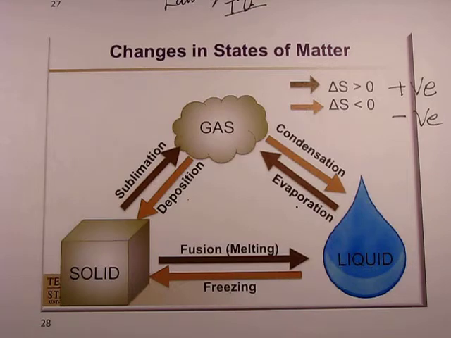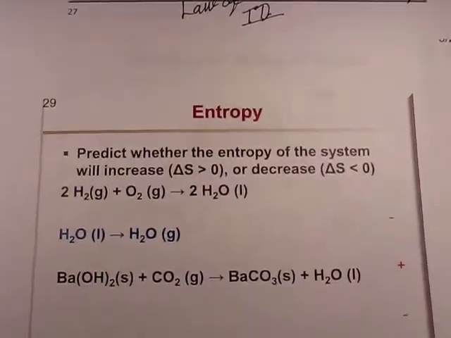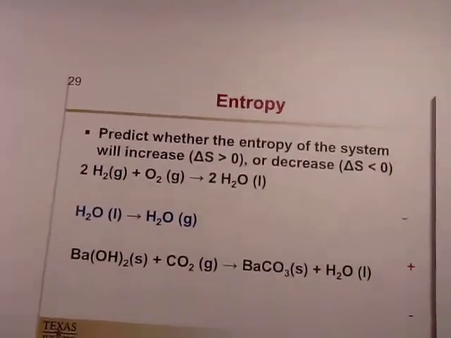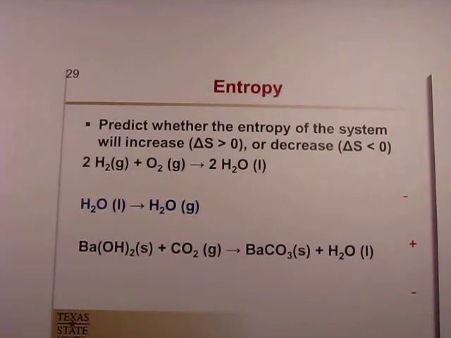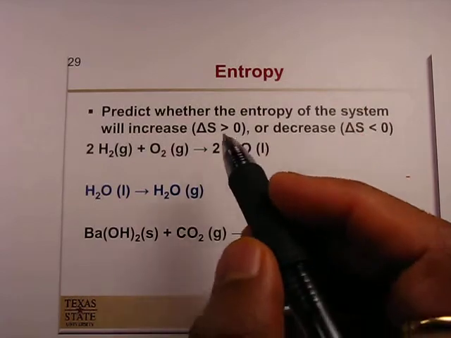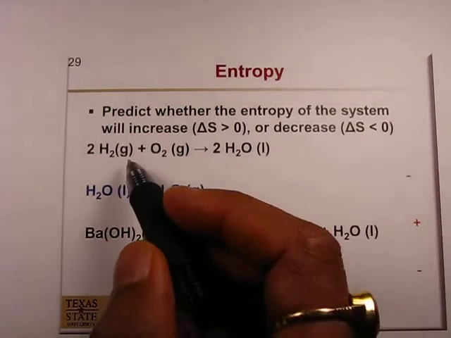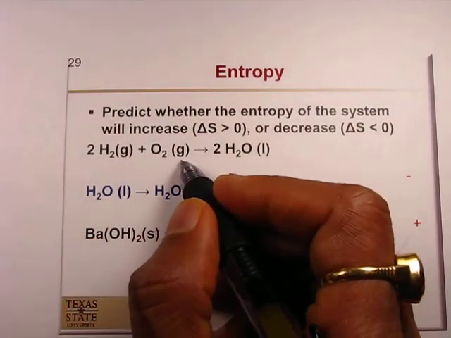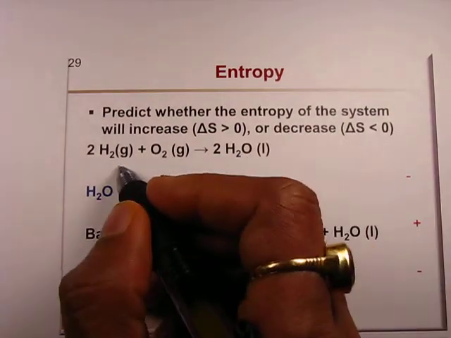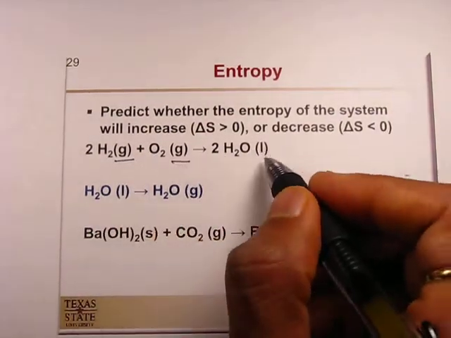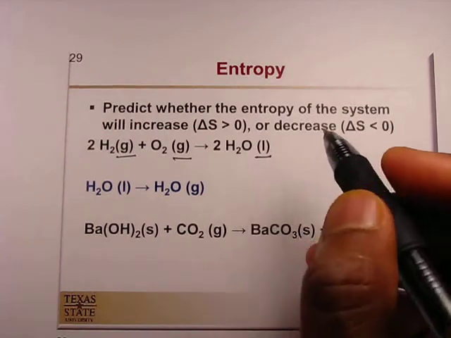Let's see an example where we predict whether the entropy of a system will increase or decrease. Here hydrogen and oxygen react to make water. The gases are the reactants and liquid is the product.